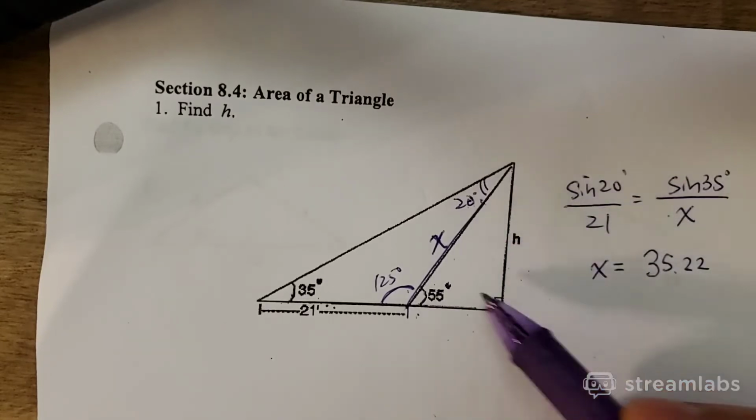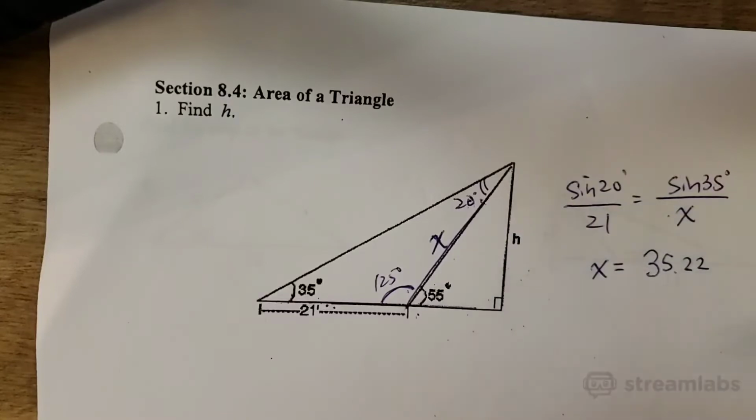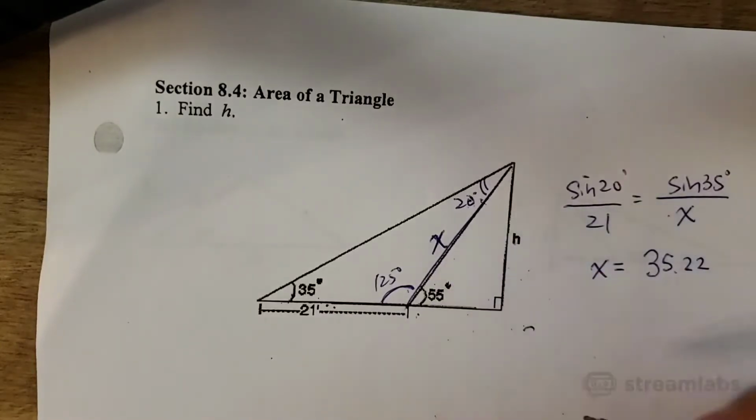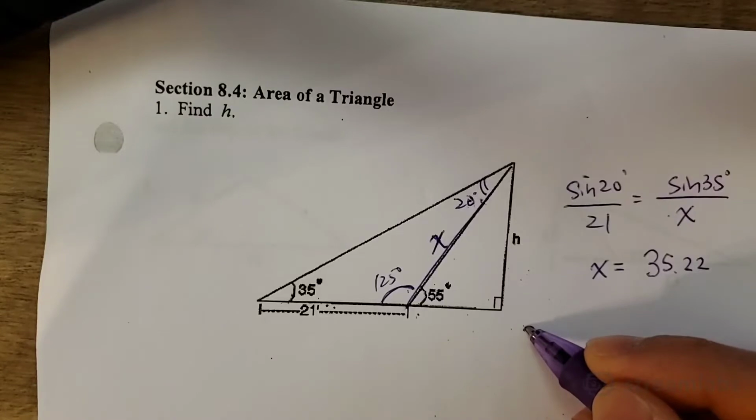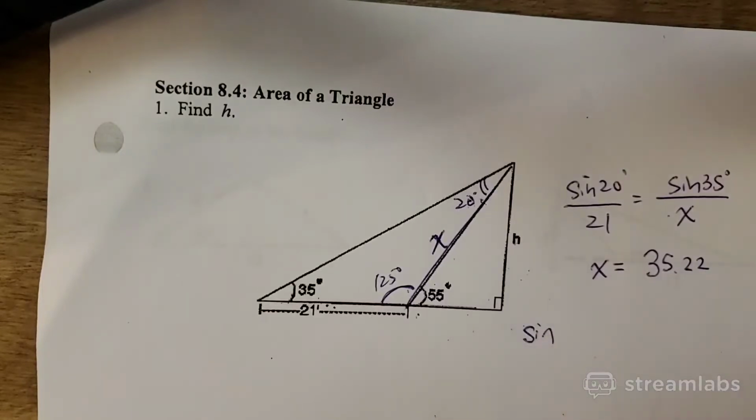Then you can find the height by using one function. What function would you use if you want to use 55 degrees? Sine, cosine, tangent, opposite, hypotenuse? Sine?